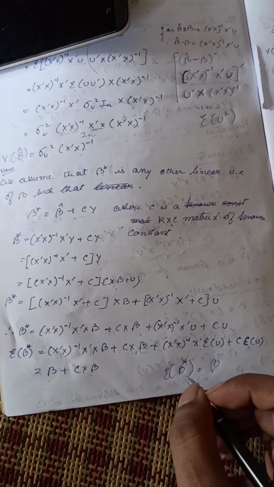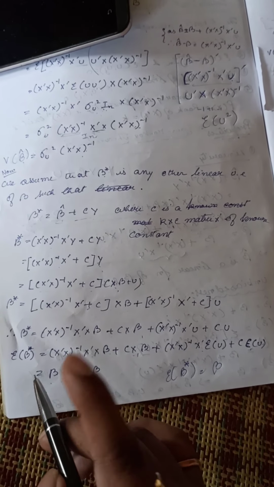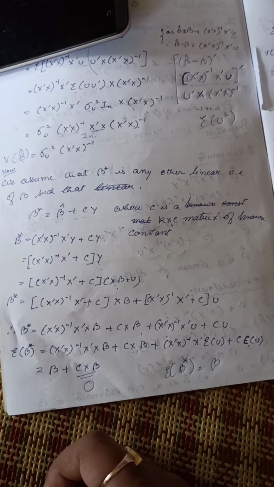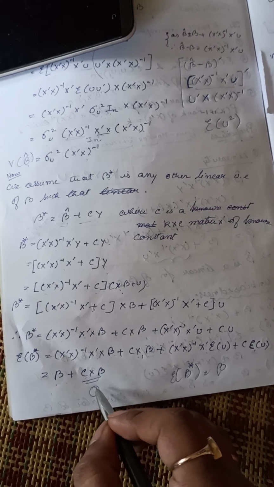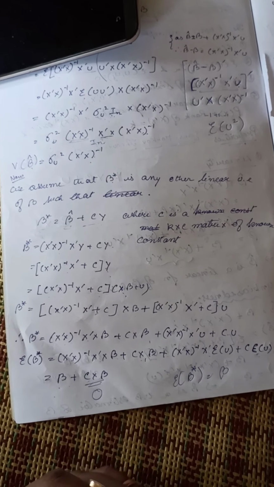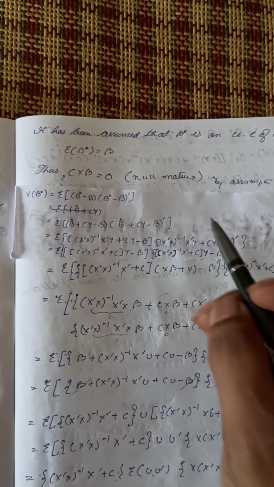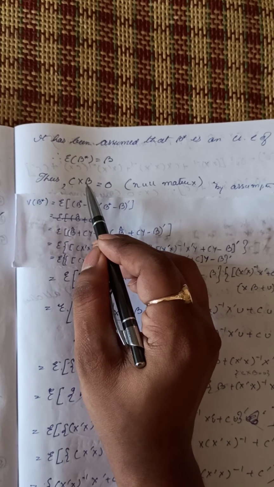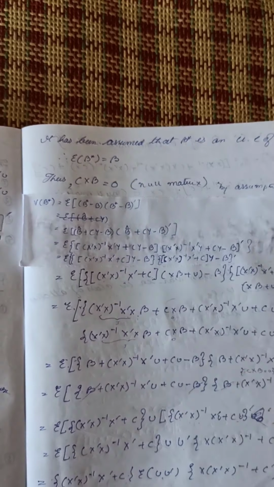If beta star is unbiased, that means this term should be equal to 0, and only then will beta star become an unbiased estimator of beta. So based on our assumptions we have kept this Cx into beta equal to 0.